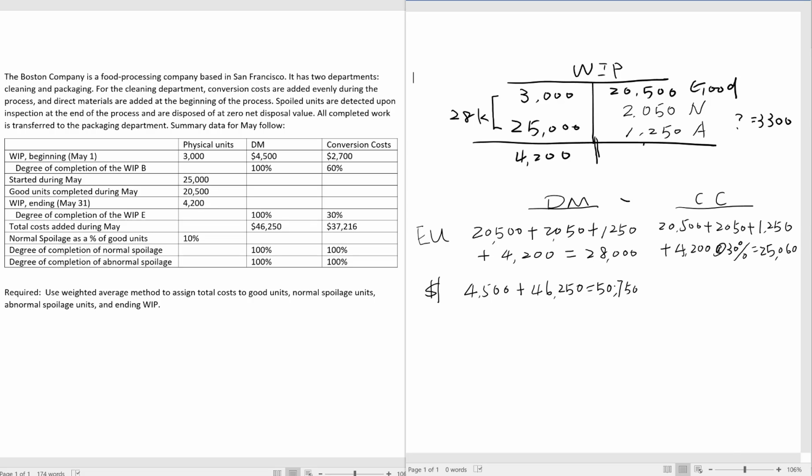Conversion costs are 2,700 plus 37,216 equal to 39,916.